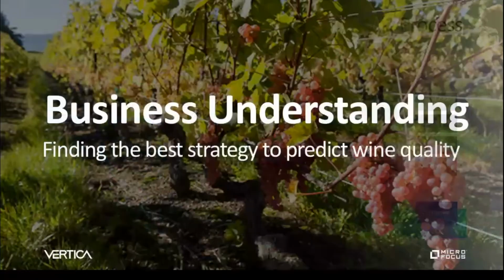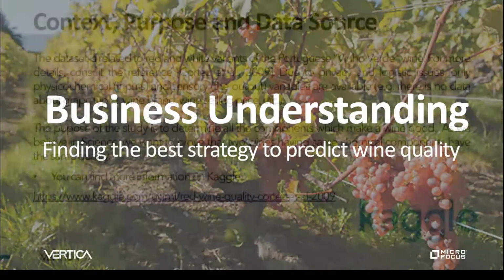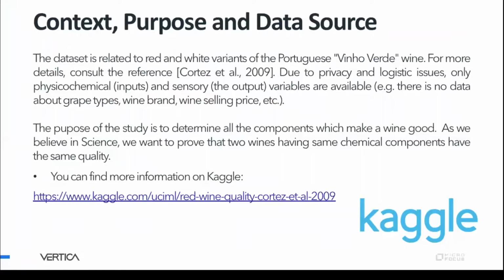So first, let's do some business understanding and try to find the best strategy to predict if a wine is good or not. For this study, I'm using a very famous data set called the wine quality data set.